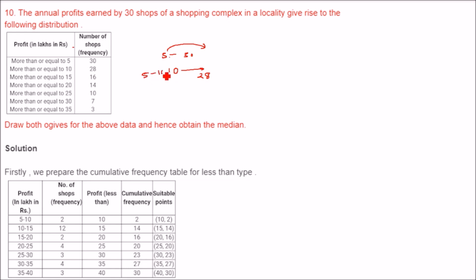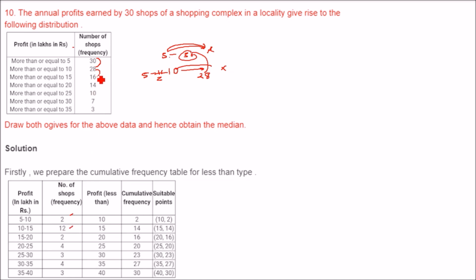If we want to find out from 5 to 10, what do we do? From 5 to this point, say x point, is 30, and 10 to x point is 28. That means this must be 2, that is 30 minus 28. So this is what we have done.